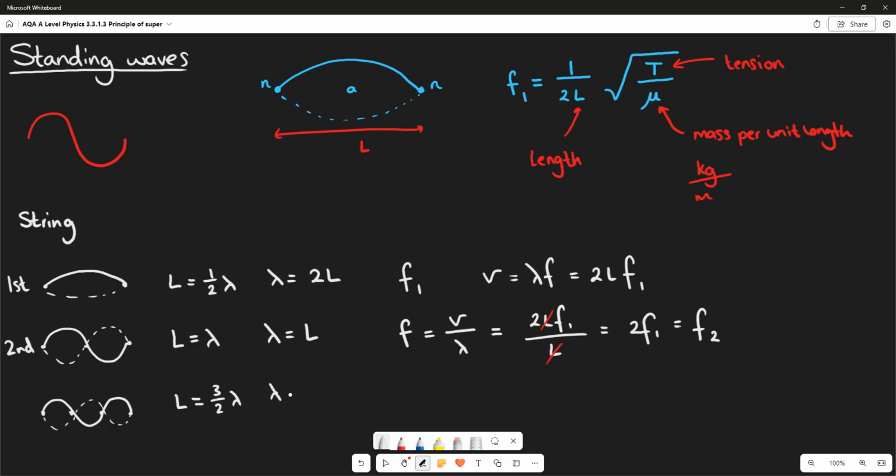Conversely, we can also write this. Frequency, again, is given by this, and we're going to substitute in the first harmonic values to work out if we get the same sort of relationship, the same pattern. And this time the wavelength is this, which we can cancel.